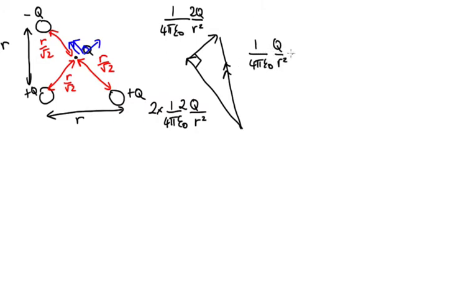That's the common factor. And then we have to add and square root everything else. So we've got a 2 left here, so that's 2 squared. And here we've got 2 times 2, so that's plus 4 squared. So 2 squared, that's 4, plus 4 squared, that's 16, so that's the square root of 20. So we've got √20 q over 4πε₀r² is the magnitude of our total electric field there.